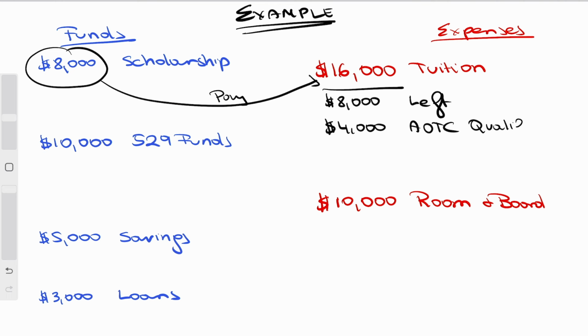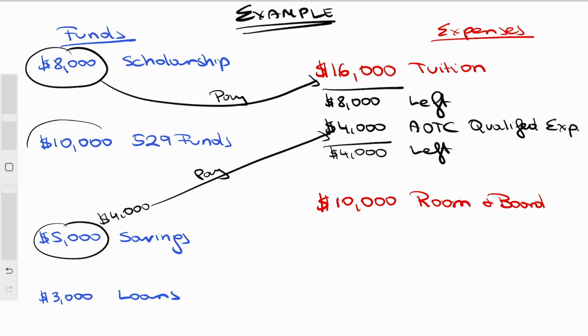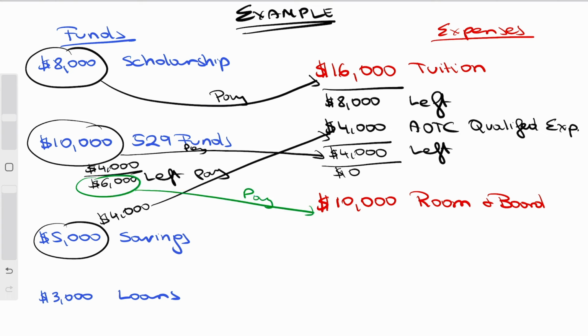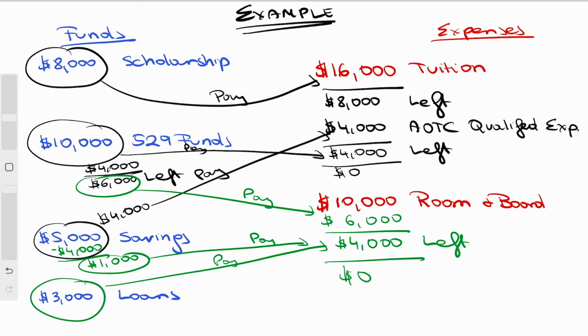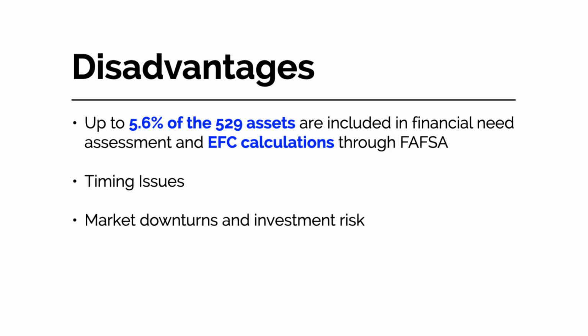Because remember, you can use the 529 savings also to pay off student loans, which you may be paying for many years. What are the main disadvantages of a 529 plan? The primary disadvantage is the potential impact on financial aid through FAFSA.